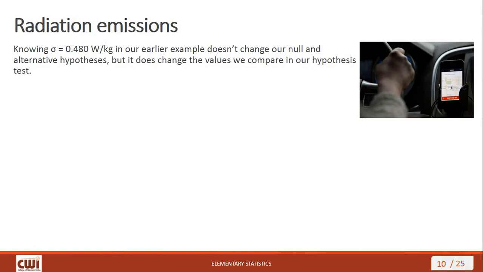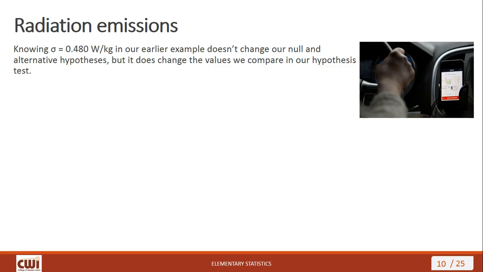Let's look at the previous example that we just went through about radiation emissions from cell phones. Suppose that we know that the population standard deviation is 0.480 watts per kilogram. This is not going to change the null or alternative hypothesis, so those are going to stay the same.